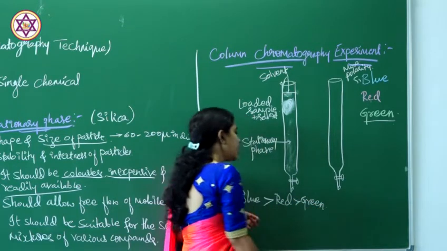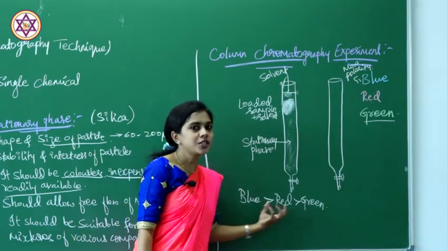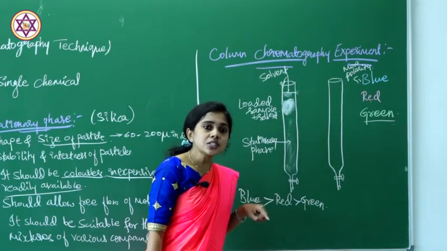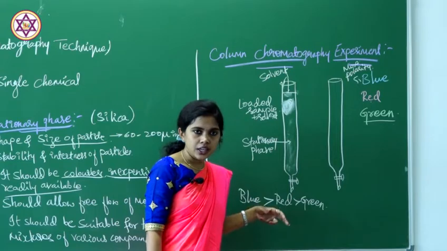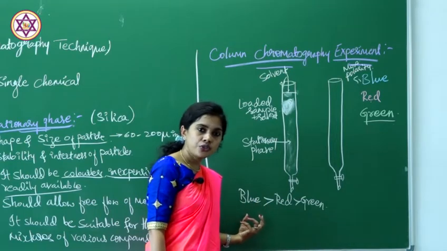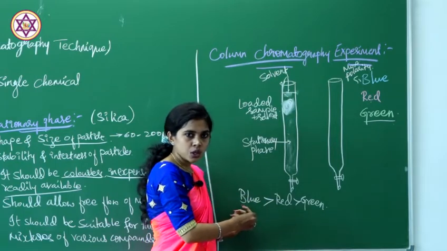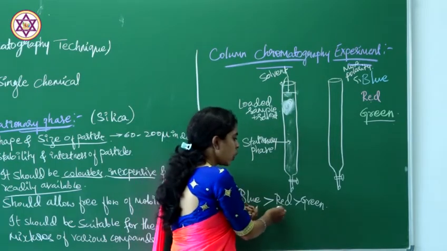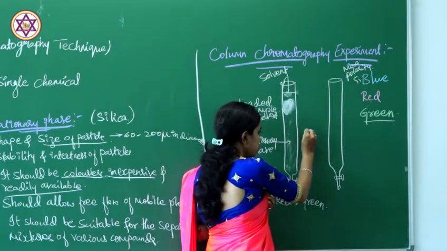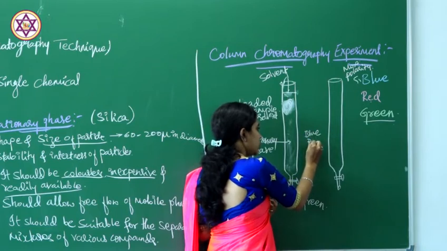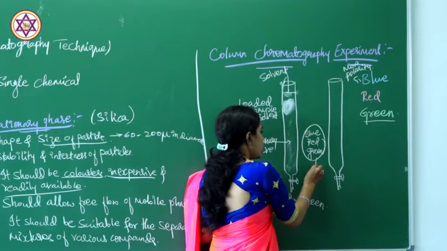Then we are going to separate depending on absorption. That absorption is depending on polarity. If highly polar in nature, it is going to absorb first. Blue is going to absorb first, leaving behind red and green. We have the 3 compounds, blue, red and green, as one mixture.